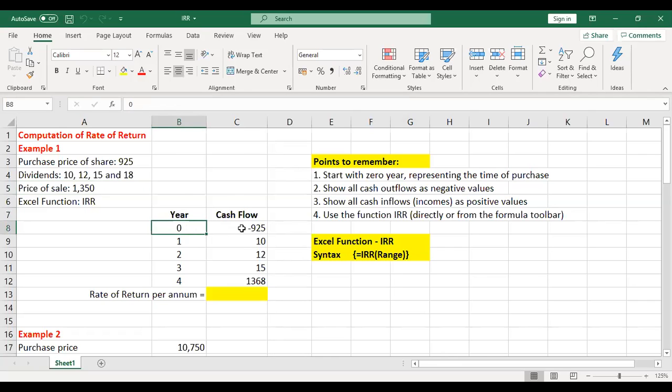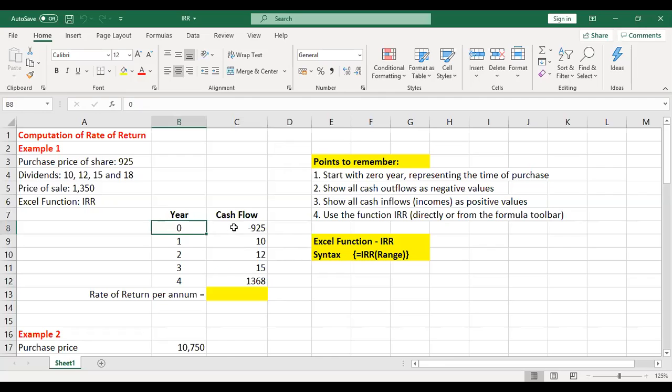That means I'm paying 925 today, so I've shown it as minus 925 because it is a cash outflow. First year I got 10 rupees, second year 12 rupees, third year 15 rupees, and fourth year 18 rupees plus I sold the share at 1350. So put together it is 1350 plus 18, which is 1368.